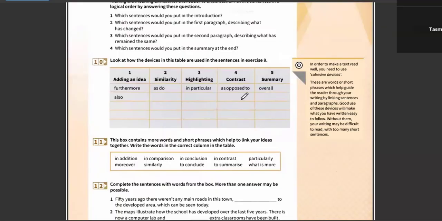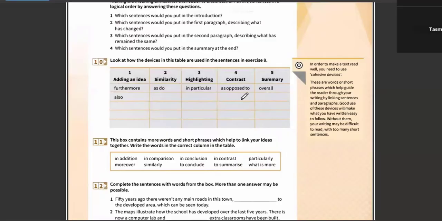So now that we know which words are actually considered as which device, there is a box in number 11 that contains more words and short phrases which help to link your ideas together. We have to take each of the words and short phrases, and put it in the correct column of the five devices that are given here.